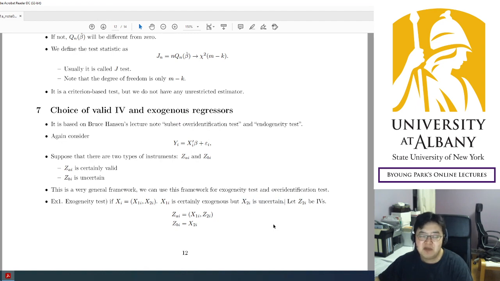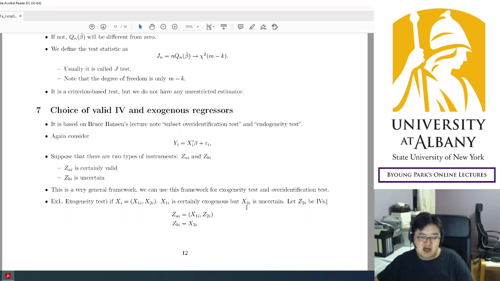X2 may be endogenous or may be exogenous. I don't know. And Z2 is the instrument. Now, we assume that Z2 is certainly valid. So instruments are good. But what we do not know is whether some of the regressors are endogenous or not.